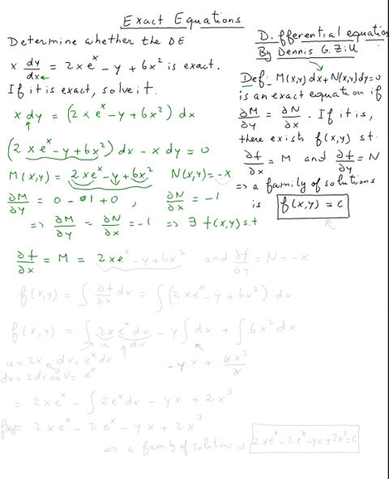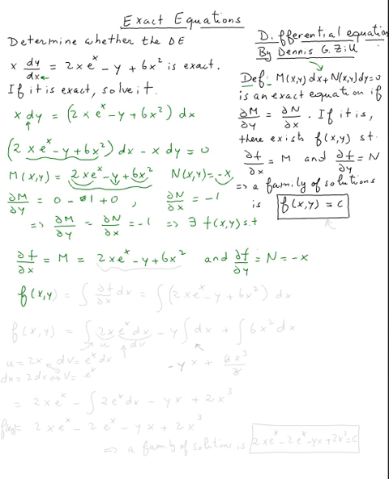So 2x e^x minus y plus 6x squared, and we know that partial f with respect to y will be equal to N, which is right here, which is minus x. So now let's calculate f of x, y.